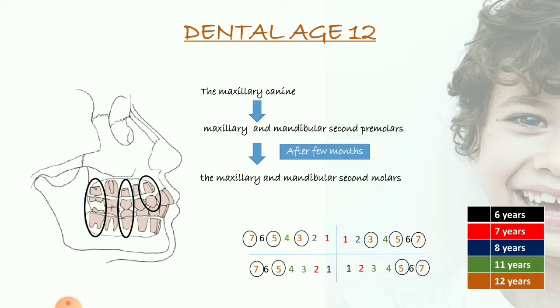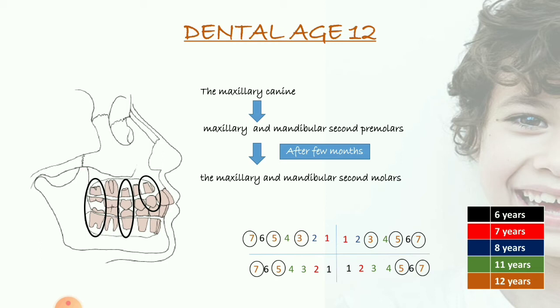So now at the age of 8 years we have maxillary and mandibular incisors completely erupted along with the first molars, maxillary and mandibular. Now coming on to age 11 years, we have the numbers which are colored in green. For maxillary we have maxillary first premolar, and for mandibular we have mandibular canine and mandibular first premolar.